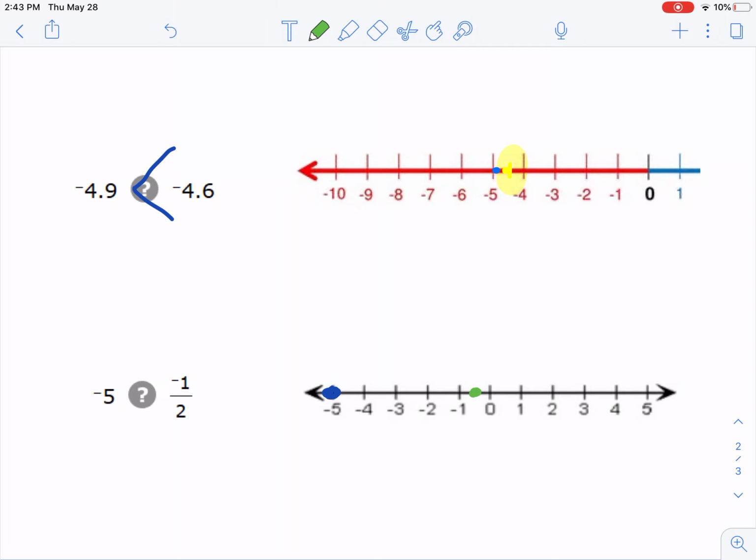That's -1/2. And if I look right now, which value is larger? Well, I know it's closer to 0. Is that -1/2? So I know that is going to be larger. So the mouth is eating the bigger number. But if I were to read this from left to right, it's going to be -5 is less than -1/2.